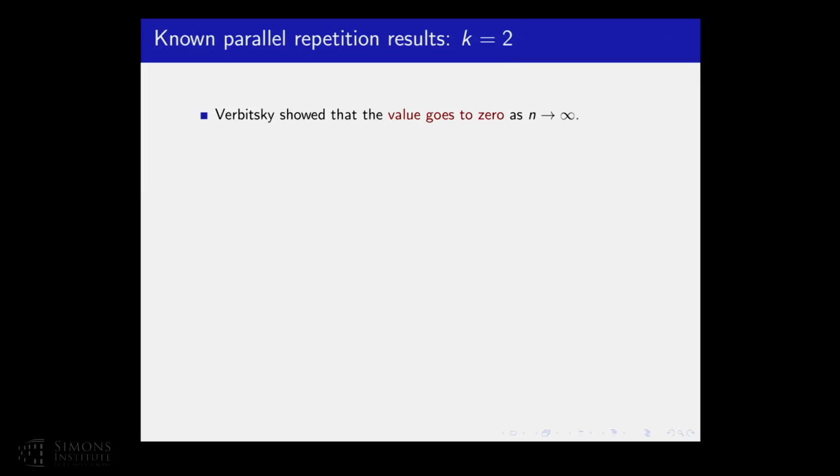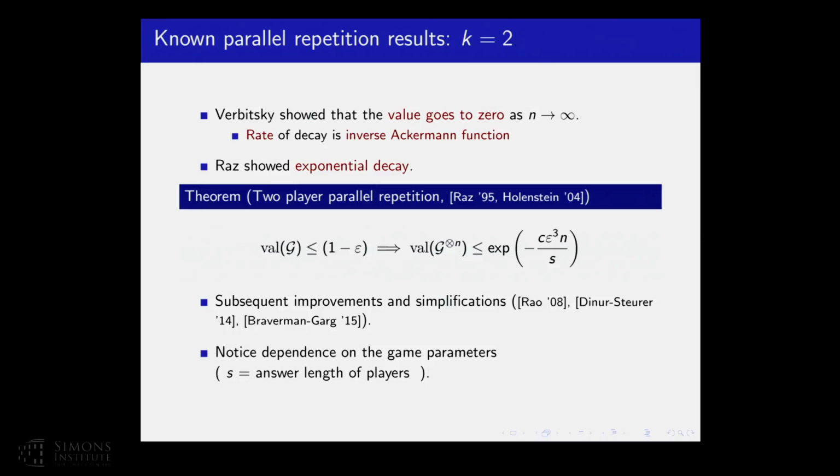We do understand the case pretty well for two players. For instance, Verbitsky first showed that the value does go to 0 as the number of repetitions goes to infinity. And Raz was the first one to take the previous exercise seriously and showed an exponential decay. There were subsequent improvements.